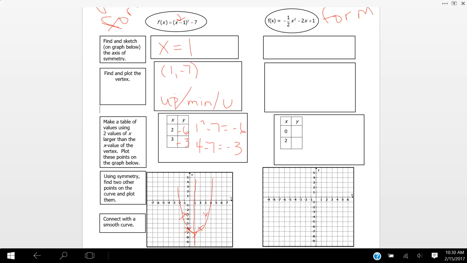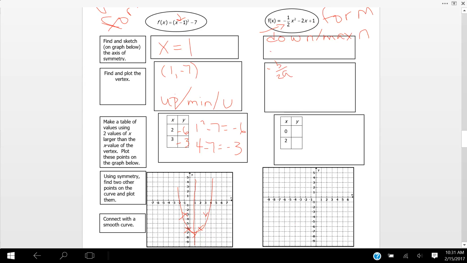Okay, so here's what I know. I do know that because this is negative, it's going to go down, concave down. It's going to have a maximum. It's going to look like that. I don't know my axis of symmetry yet, but I know that I can do that negative b over 2a.